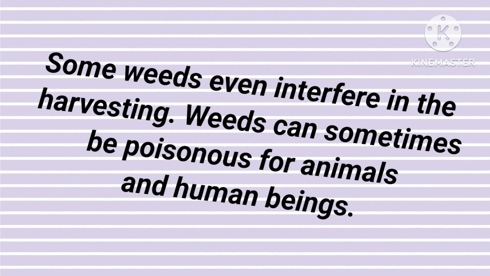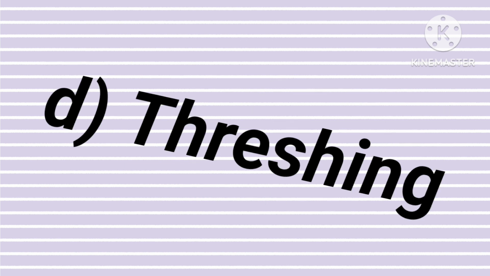We could not eat them, or they also affect the crops which we grow. So we have to remove them when they are very small. Some weeds even interfere in the harvesting. Weeds can sometimes be poisonous for animals and for human beings also.